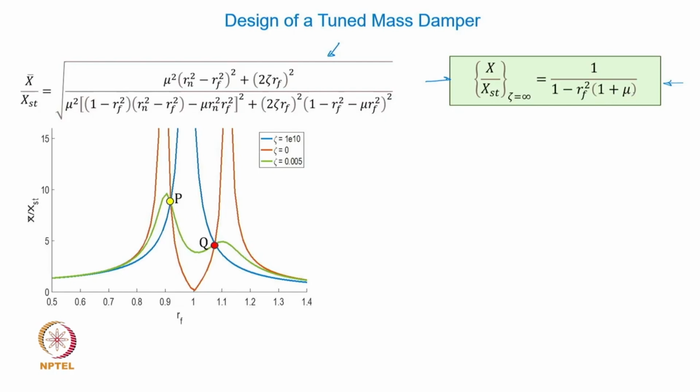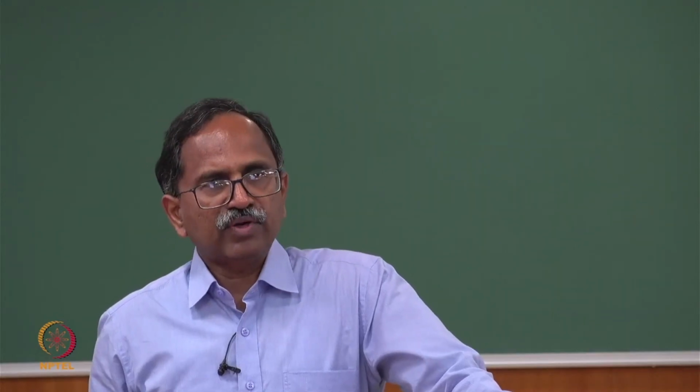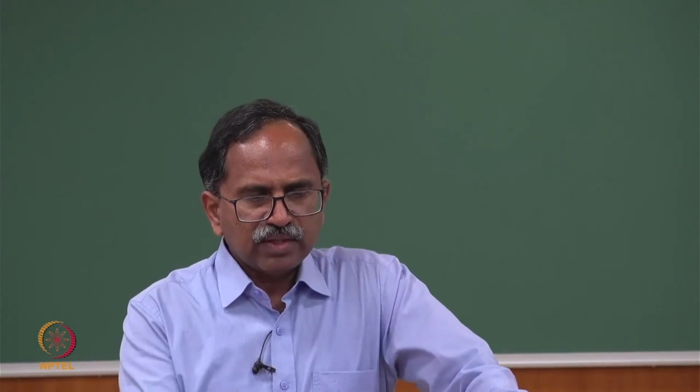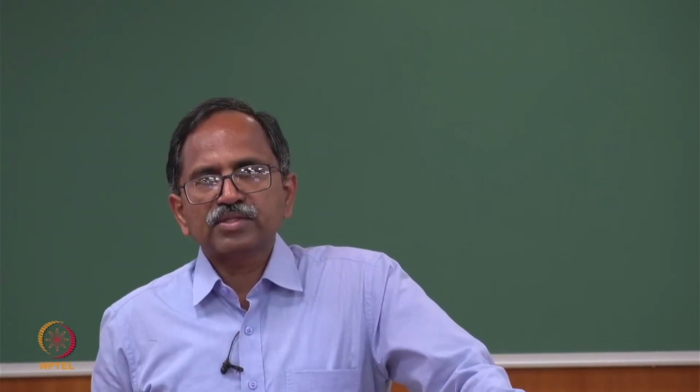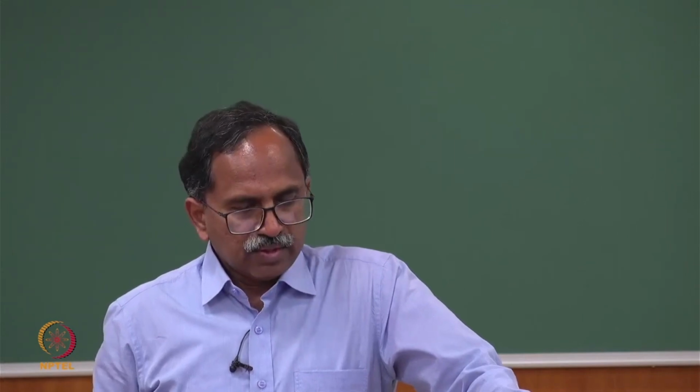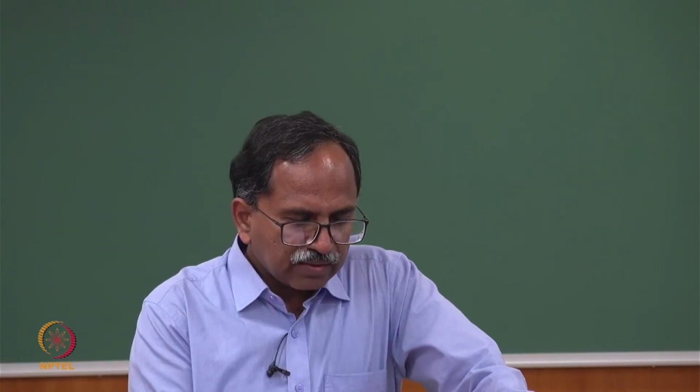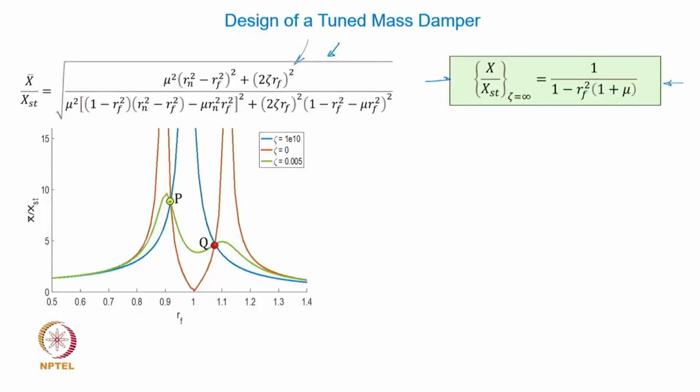Now you would wonder why this expression is important for us. Instead of all the time using this very complex long equation, because this point pertains to all the graphs, in the sense it is applicable for any zeta value, it will apply for zeta equal to infinity.